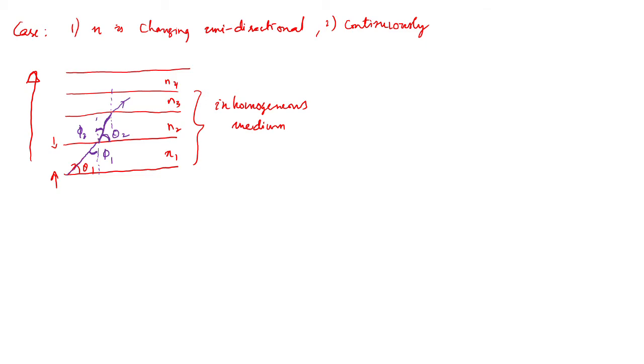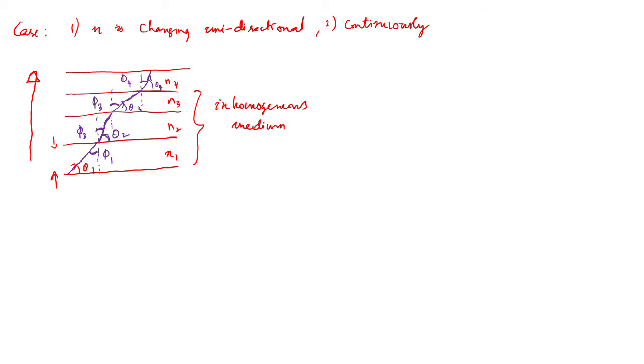This angle would be the angle of refraction, which we call phi 3, and this angle theta 3. Basically this goes on. Again you draw a normal, and depending upon the refractive index it bends one particular way, so we call this phi 4, the angle of refraction, and this is theta 4.